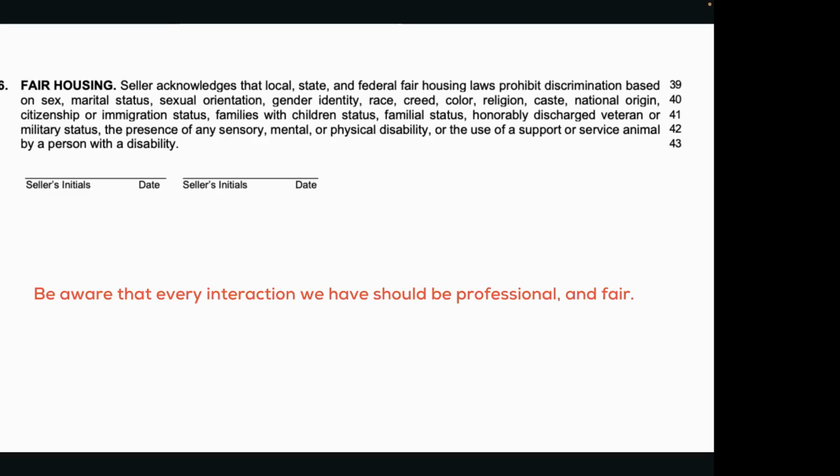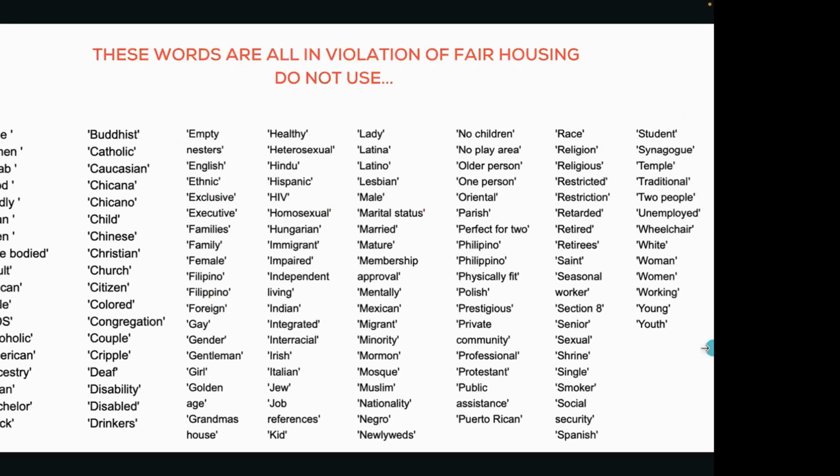Fair housing. We want to make sure that we are being perfectly professional with everything we do. All of our interactions have to be fair, and we have to make sure we're not doing anything that violates any protected housing class. So when thinking about this, I pulled up a list of all the no-nos. These are no words. You're not allowed to use them to advertise. You want to be really careful if you're using them to describe anybody who you have an agency relationship with.